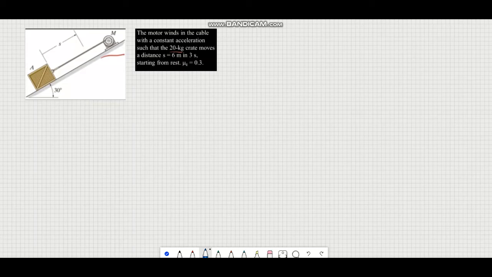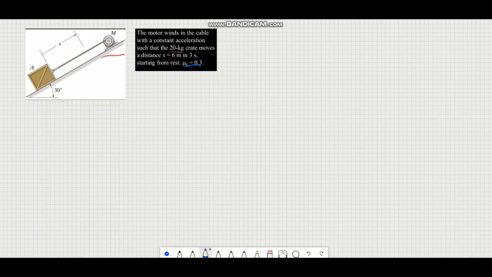Then it covers this 6 meter distance in 3 seconds, and we are going to find the tension in the cable, right? And it's given that the kinetic coefficient of friction of this surface is 0.3.